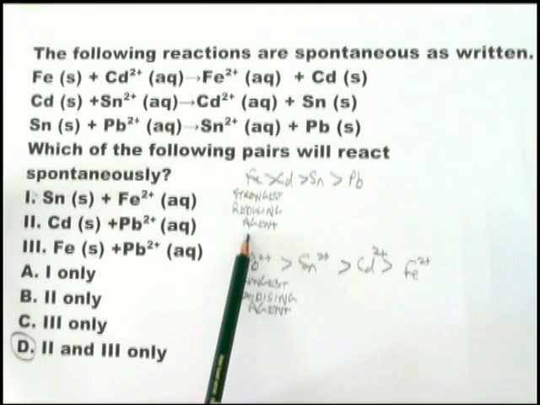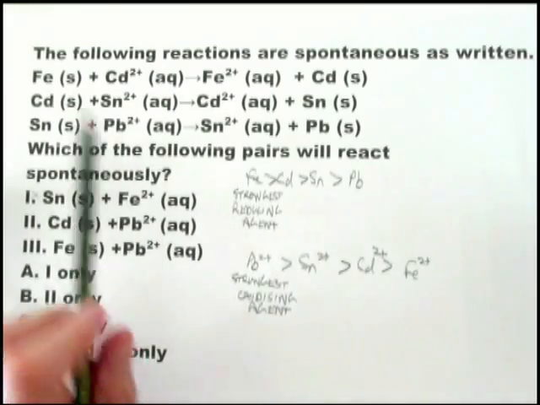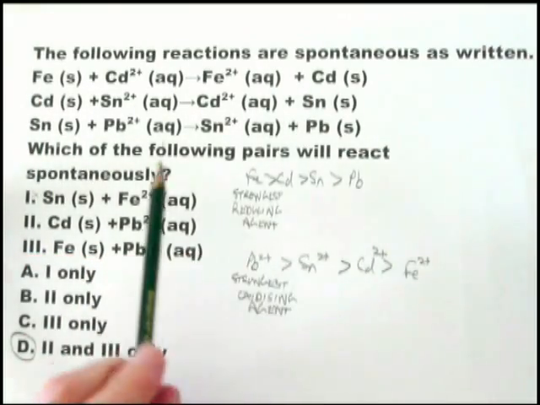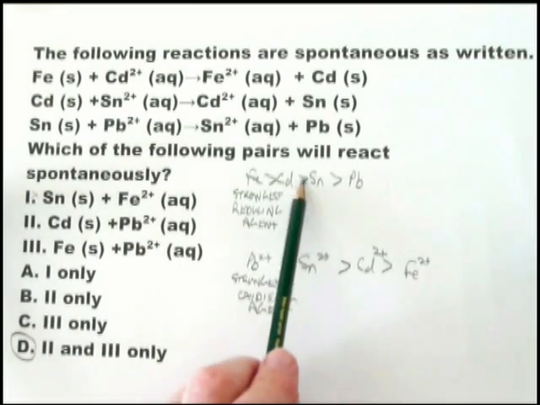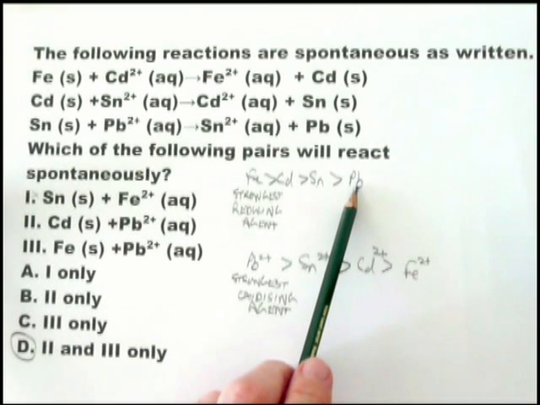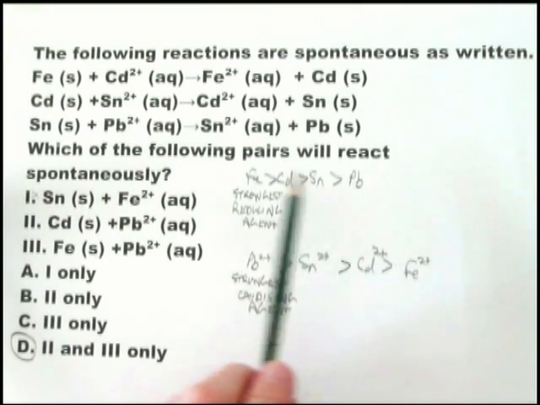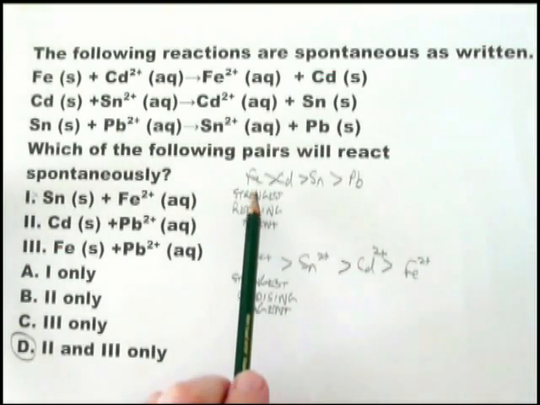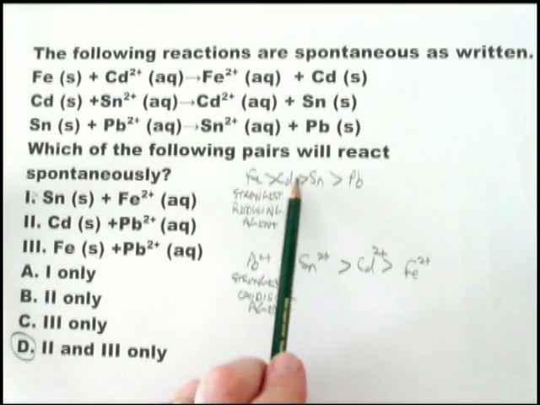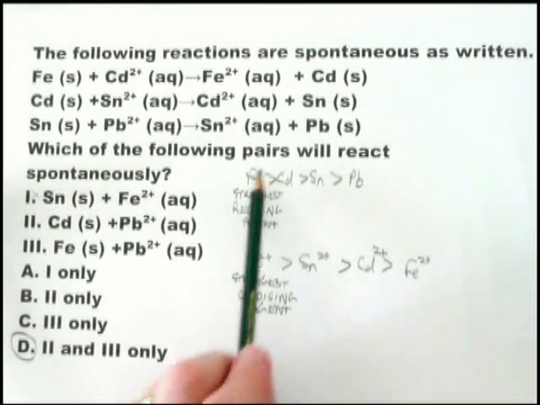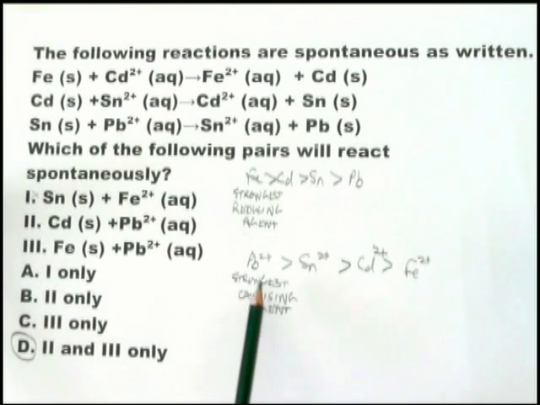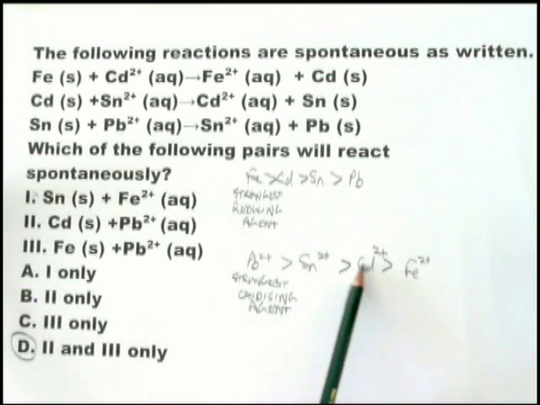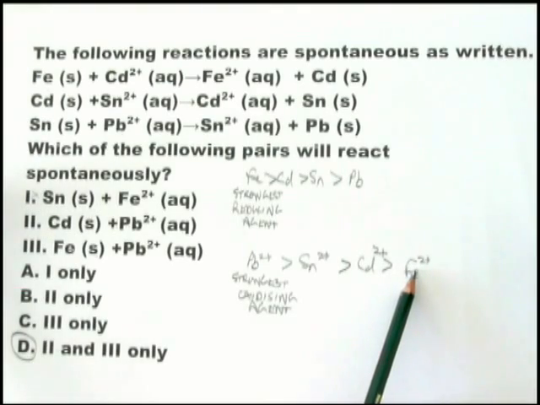This is again one of those questions where it is important for you to be able to look at these kinds of questions and quickly write down the order in which they react, their reactivity order. If it's a reducing agent, you work out the strongest and work down until you get to the weakest. If it's an oxidizing agent, you work out the strongest and work down until you get to the weakest.